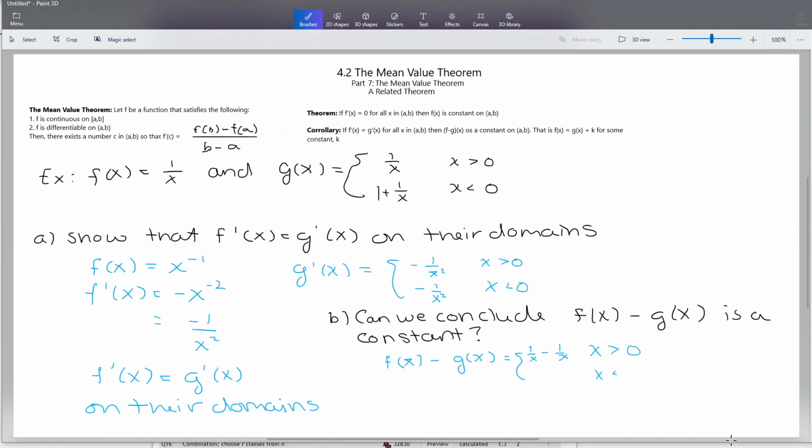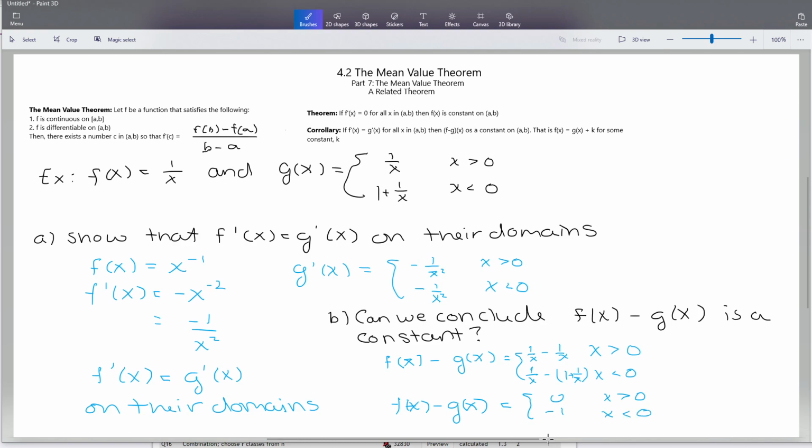If x is less than 0, then we have f of x, which is 1 over x, minus g of x, which is 1 plus 1 over x. So this would say that f of x minus g of x is 0 for positive values of x and negative 1 for negative values of x.